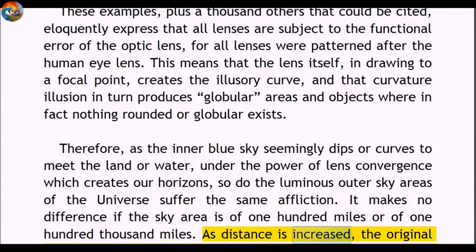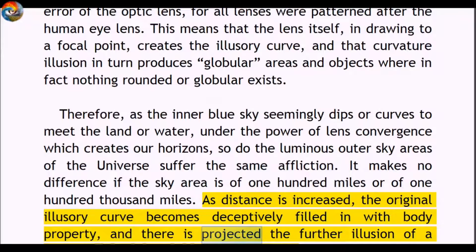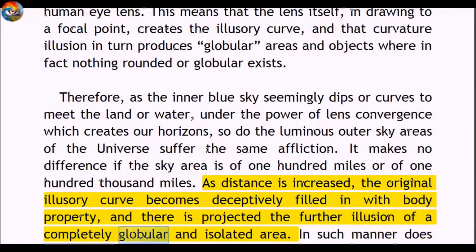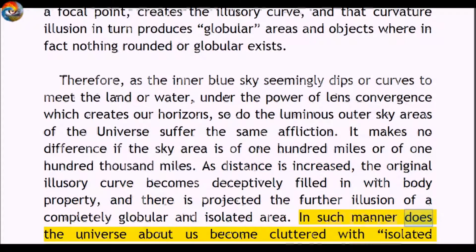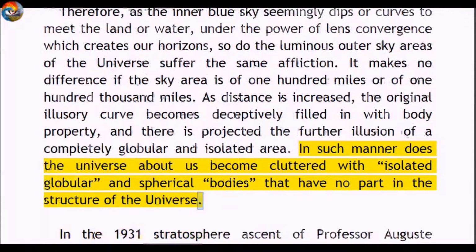As distance is increased, the original illusory curve becomes deceptively filled in with body property, and there is projected the further illusion of a completely globular and isolated area. In such manner does the universe about us become cluttered with isolated globular and spherical bodies that have no part in the structure of the universe.